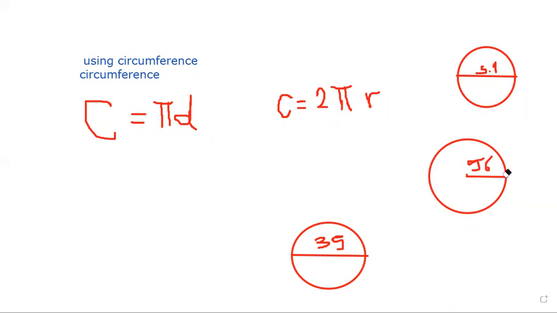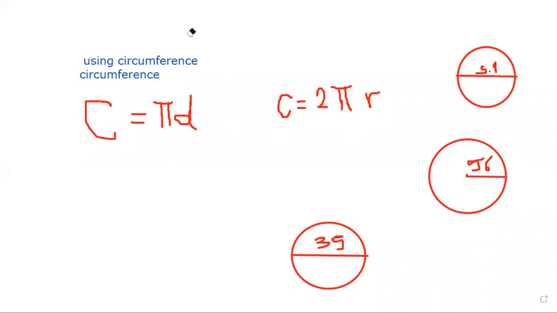Why didn't he choose 5.9? He chose 56 and 35. He said if we want to calculate the third question with 35, he will choose C equals pi times D because we already have the diameter.